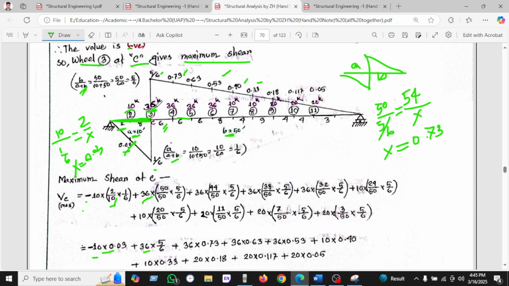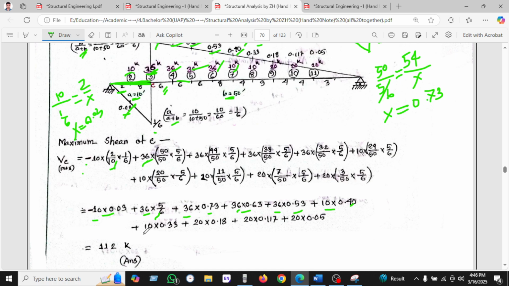36, this is the second time 36, and we have 5 by 6. And 36 into 0.73, 36 into 0.63, 36 into 0.53, load into coordinate, and 10 into 40, and in this way we calculated, putting all these values and found 112.